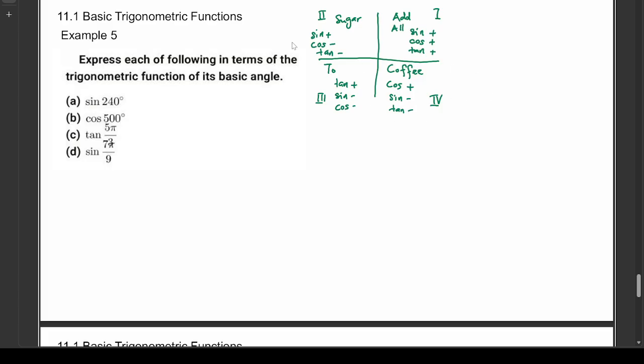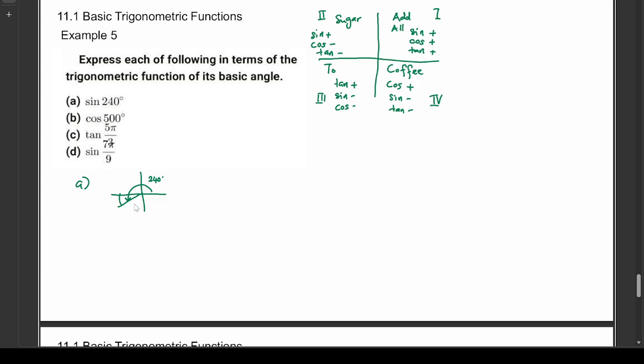Okay, now we can do A, B, C, D. For A, say I do it here. Again, put the axis. 240, so it's roughly here. Our angle is here, 240, and our basic angle is here.